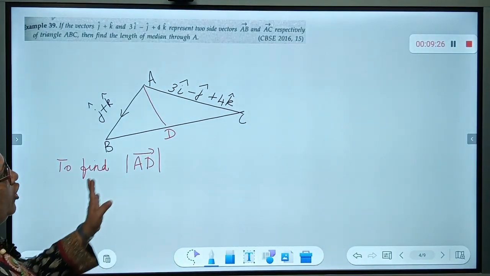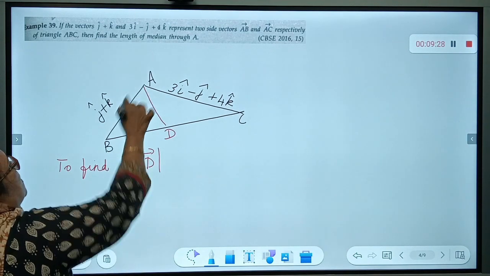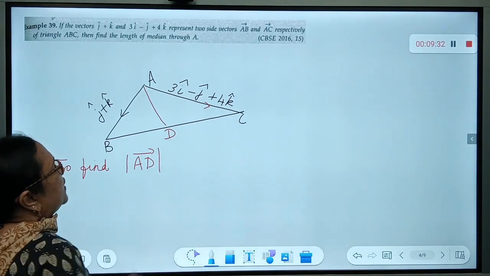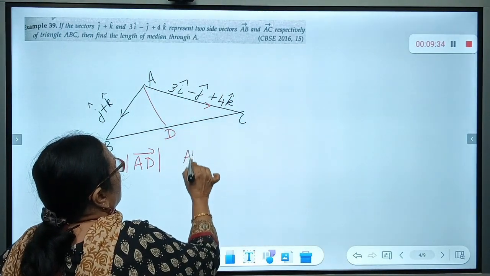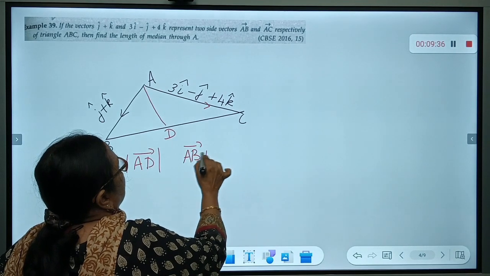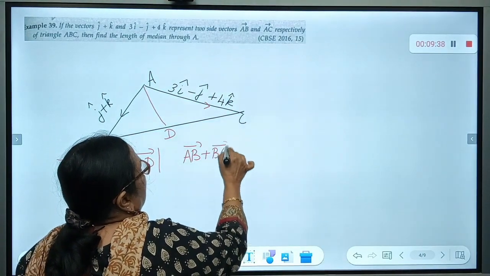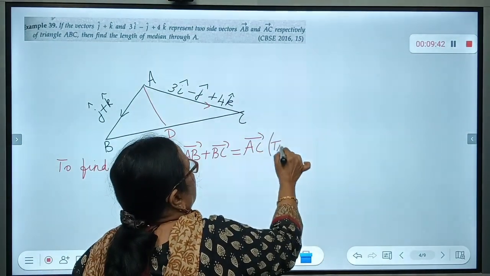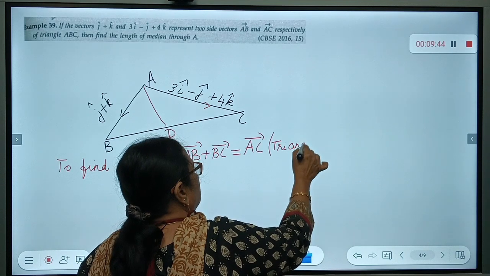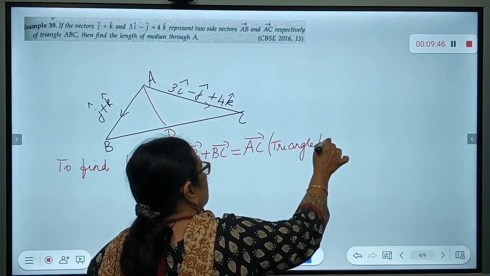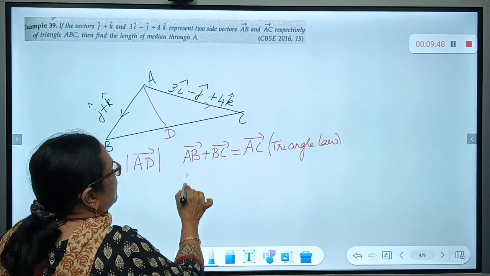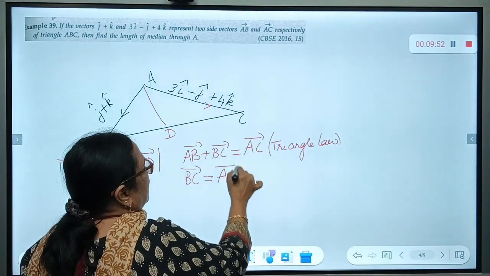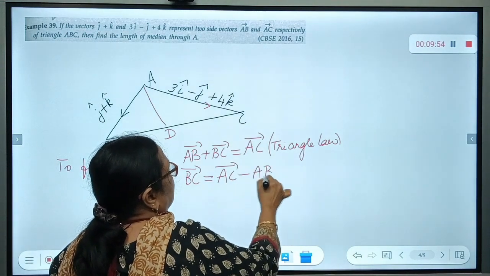Okay, first we are going to find BC vector. Now, this is AB vector and this is AC vector. Now, you all know AB vector plus BC vector is equal to AC vector by triangle law. Which means BC vector is AC vector minus AB vector.